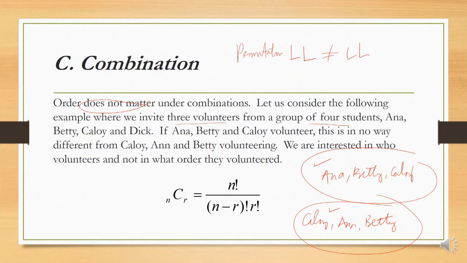Correct? Kasi this could be L1, L2, or this one is L2, L1. So, hindi siya parehas. Pero sa combination, ang LL natin is just the same with LL pa din. Okay, so this is the formula for combination. Wala nang iba. Iyan lang.